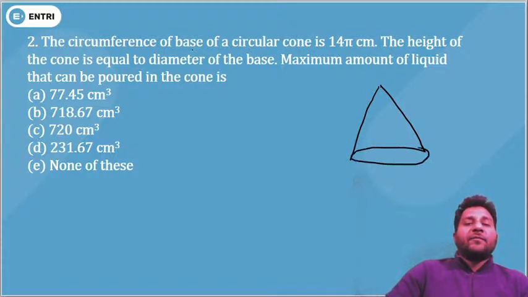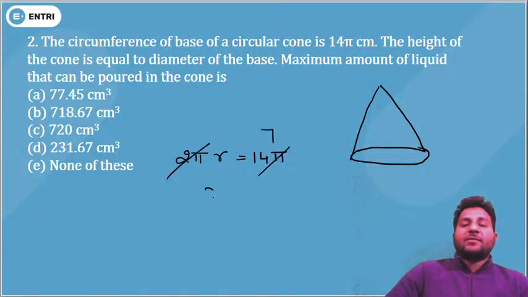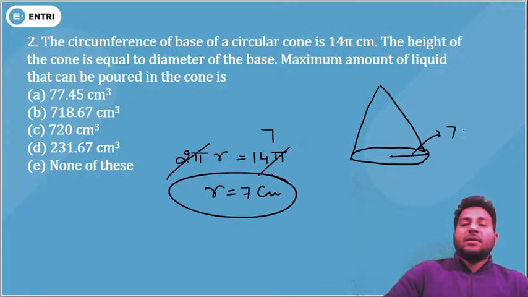Look at this. The circumference of the base of a circular cone is 2 pi r. So from here we can find out the radius of the cone. The radius of the cone will be 7 centimeters. The height of the cone is equal to the diameter of the base. So if radius is 7, the diameter will be 14. We need to find the maximum amount of liquid that can be poured in the cone, which means we need to find its volume.